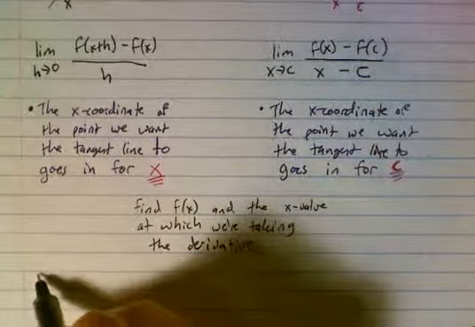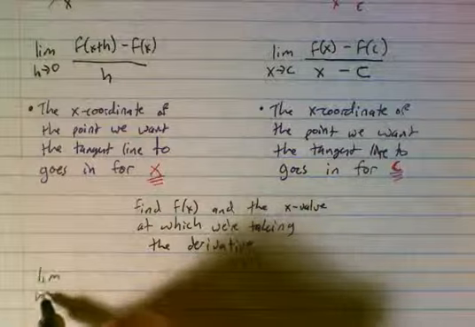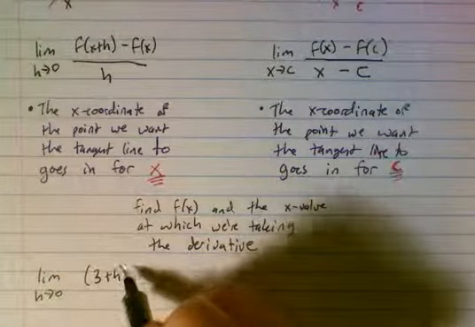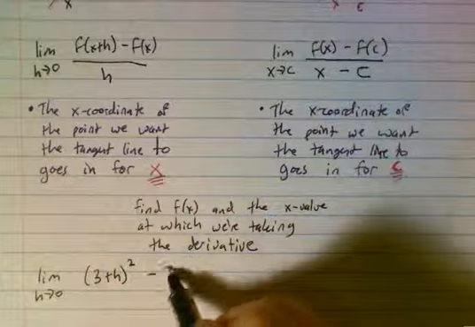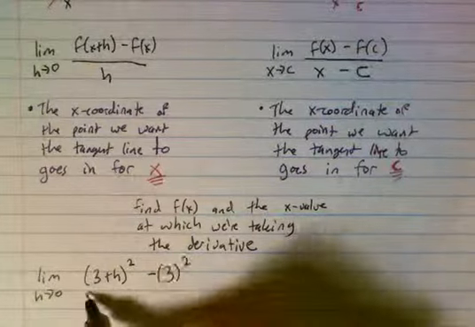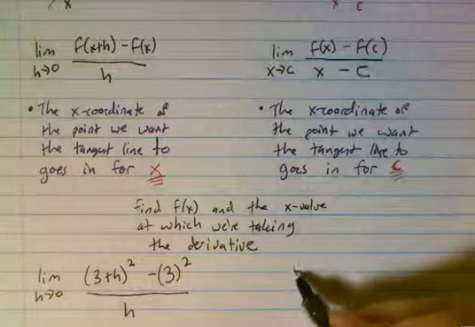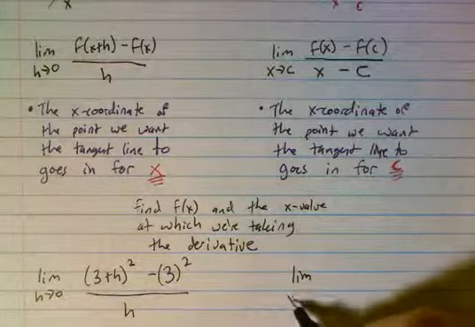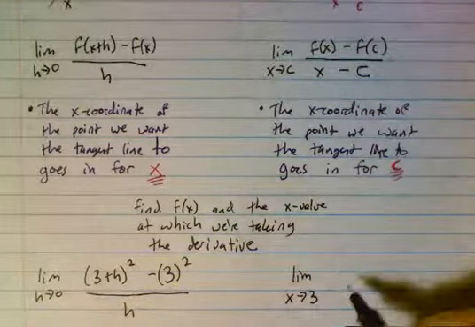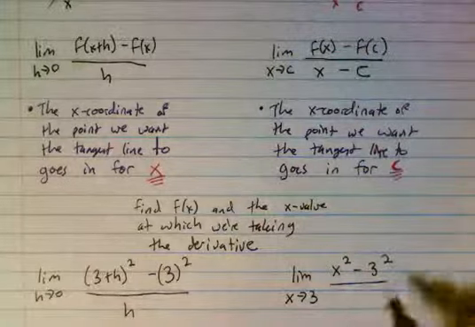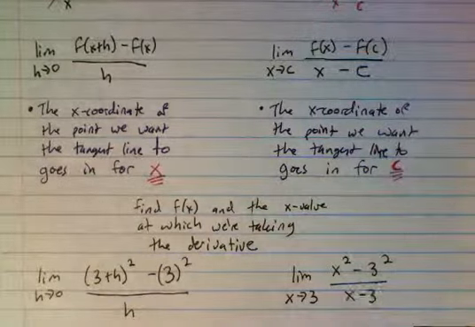So on one hand, we're going to see the limit as h approaches 0 of 3 plus h squared minus 3 squared over h. And on this other side, we're going to see the limit as x approaches 3 of x squared minus 3 squared over x minus 3.